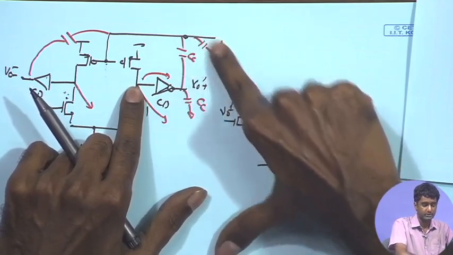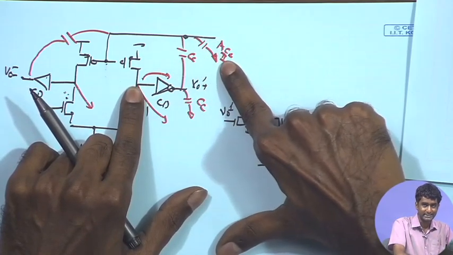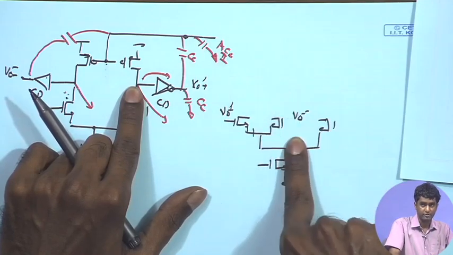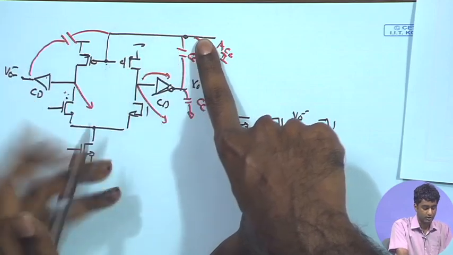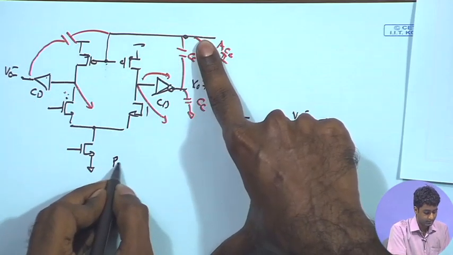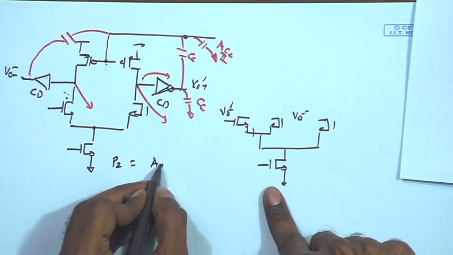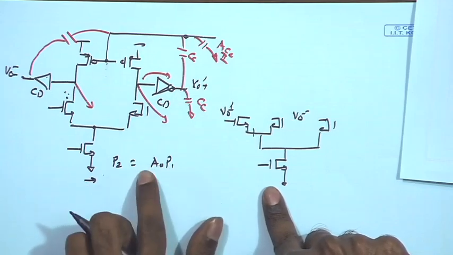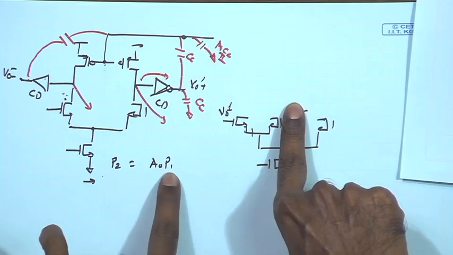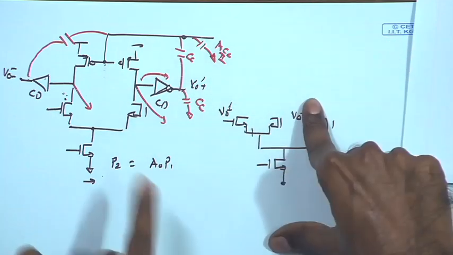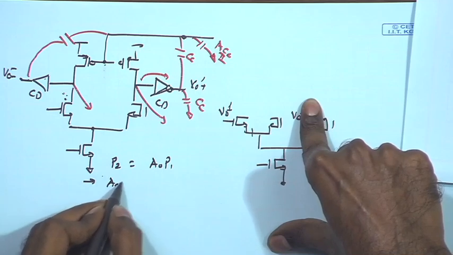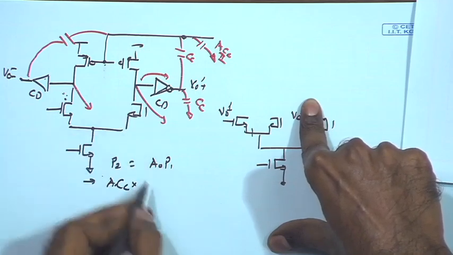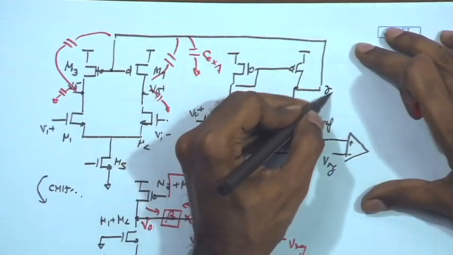So, here we can still make sure that this A times Cc times the RO of the differential pair is sufficiently larger, or the criterion that P2 is A naught times P1 is being met, and for that I need to make sure that the dominant pole is A times Cc times the RO1. If I call the overall impedance over here RO1.